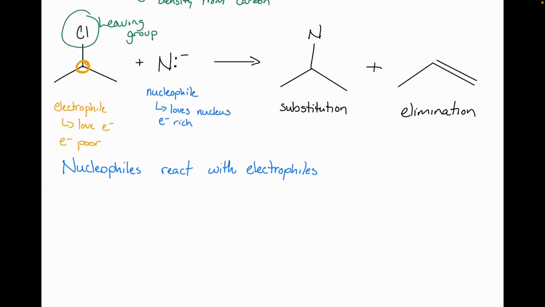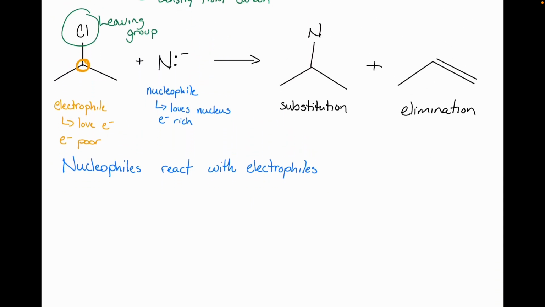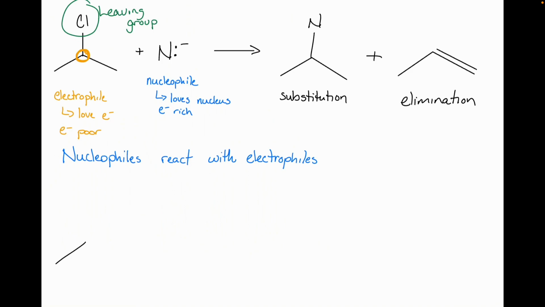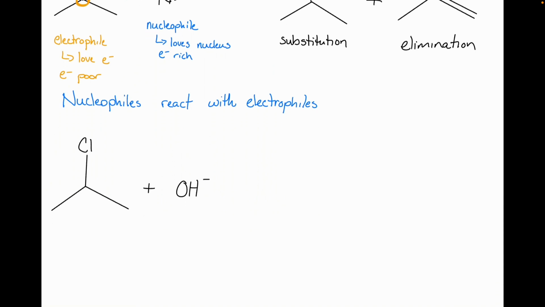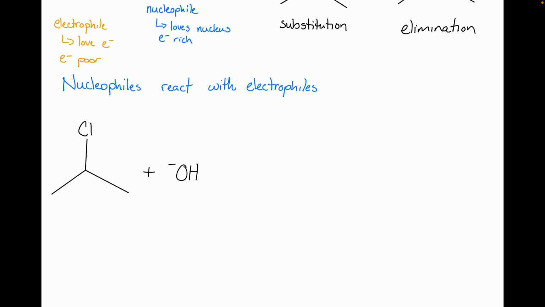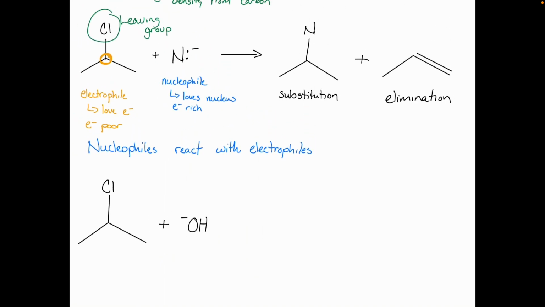All right, so let's see a specific example here. I'm going to use a specific nucleophile, so I'm going to use the hydroxide ion. All right, and again, we're going to get two products. One where I'm going to substitute that nucleophile for my halogen, right?